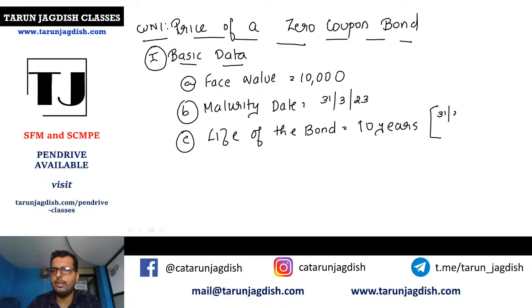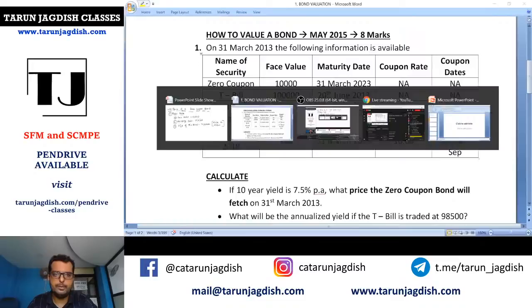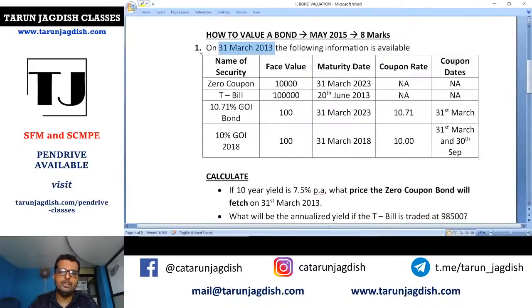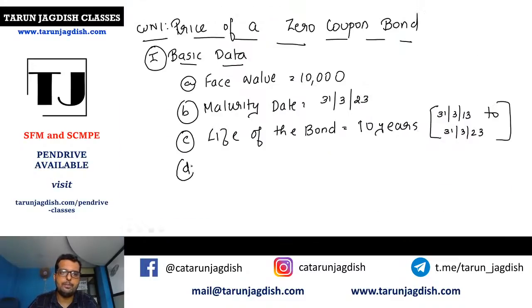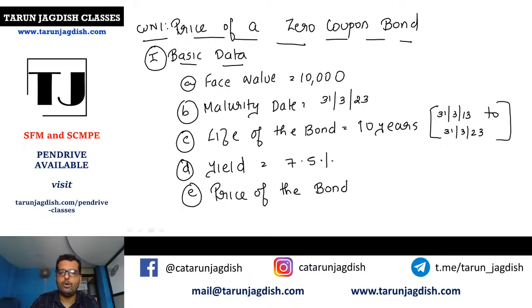Bracket, we can write down 31/3/2013 to 31/3/2023. Okay. We have got the life also over here. After that, they have given the yield is 7.5 percent. From this, they are asking us to find out the price of the bond. Okay. Can you please write this down in your books neatly now?